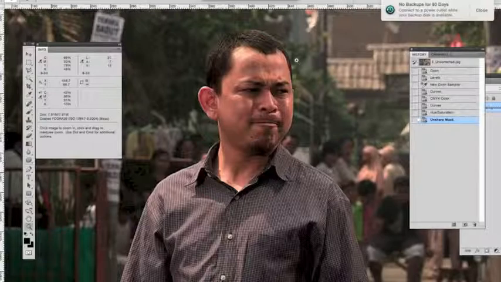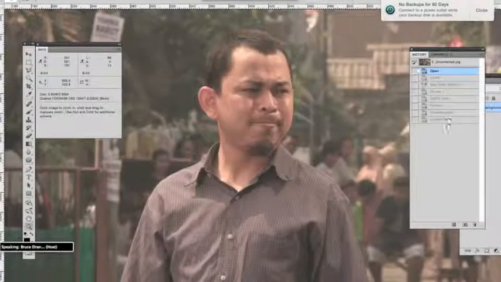But that's a personal preference and nothing to do with colour balance. So just to show you, we've gone from here to here.